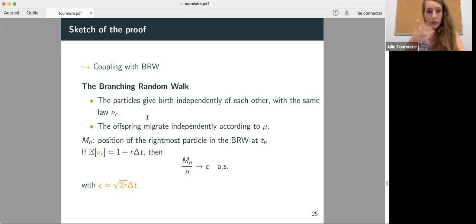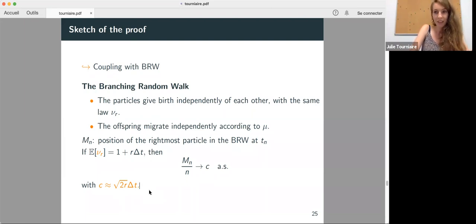So we compare our system with some branching random walks on different time intervals. We get several estimates with constant linear speeds, and this allows us to recognize the Euler scheme of the ODE from the theorem.